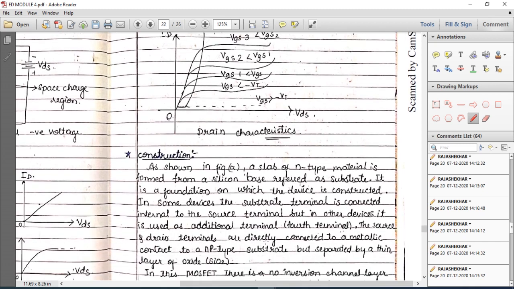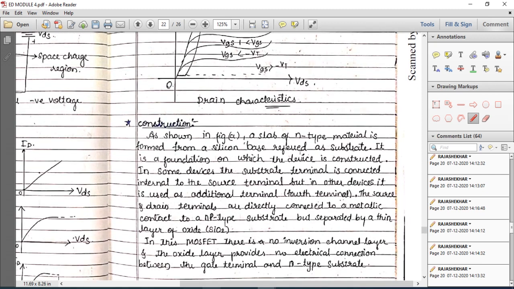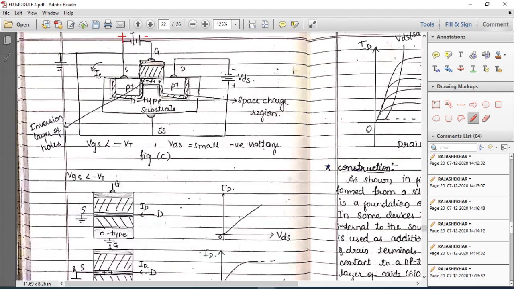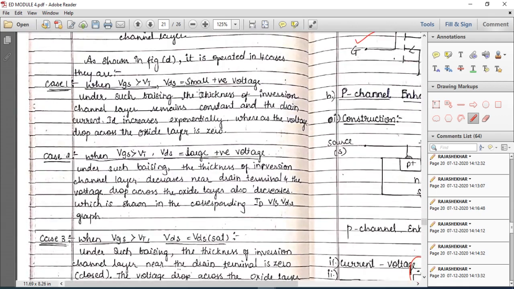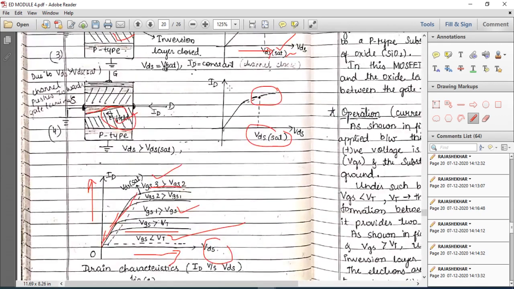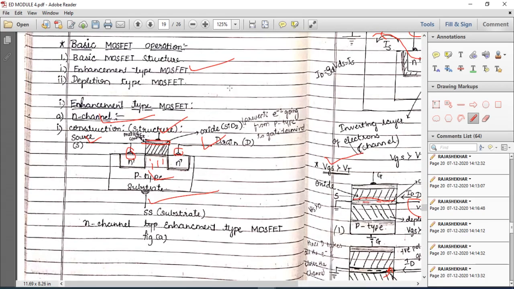Today we will wind up here because we have covered the required topic, and I will give that as an assignment. Go through that and understand it properly. It's very simple, all the explanation is given. In the next class, I will start with the depletion type MOSFET.